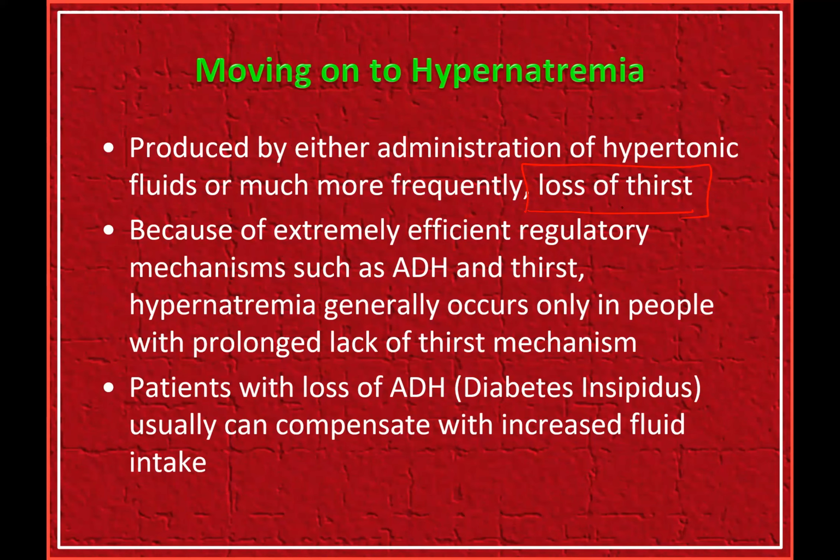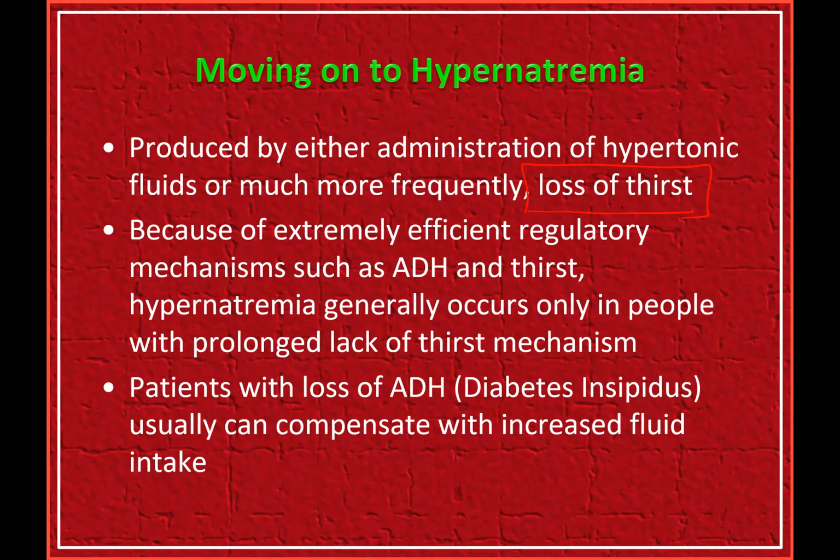If there is a disturbance in the thirst center stimulation, there is loss of thirst and the person fails to recognize the need to drink fluid. That means the body will have hypertonicity as well as hypernatremia.